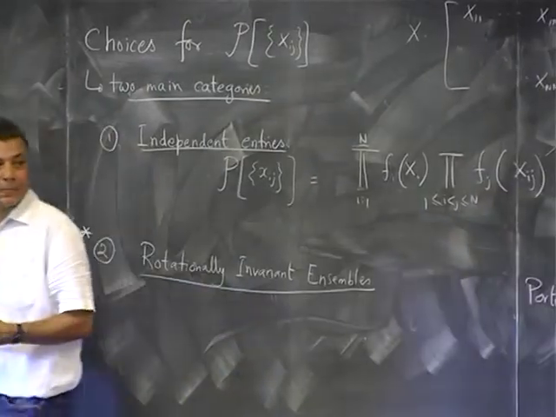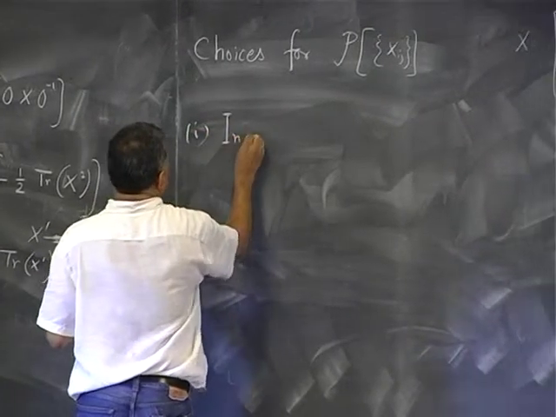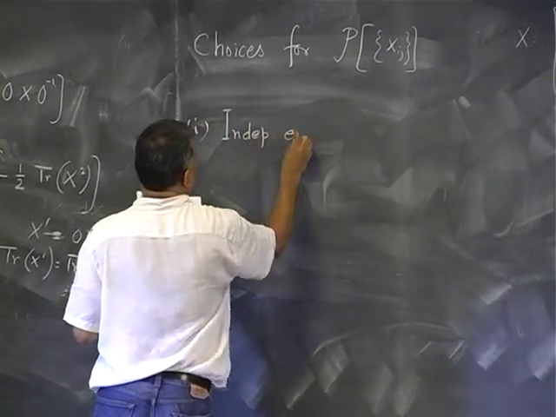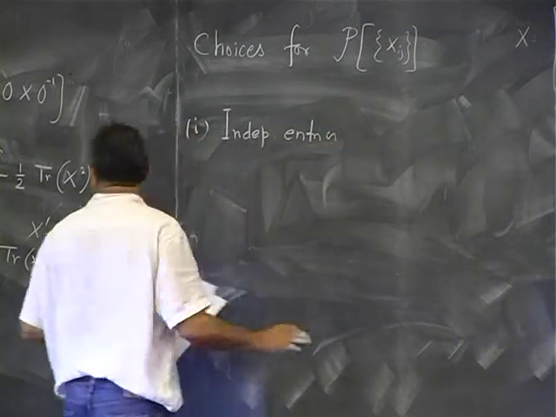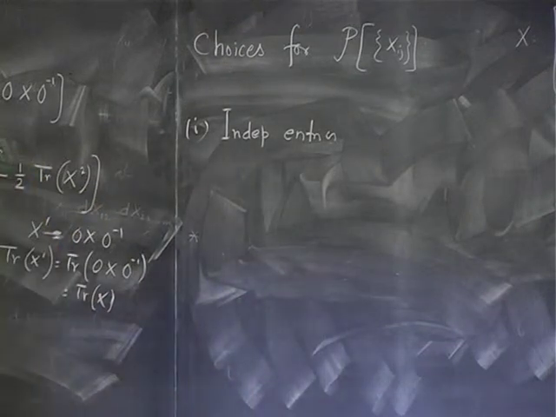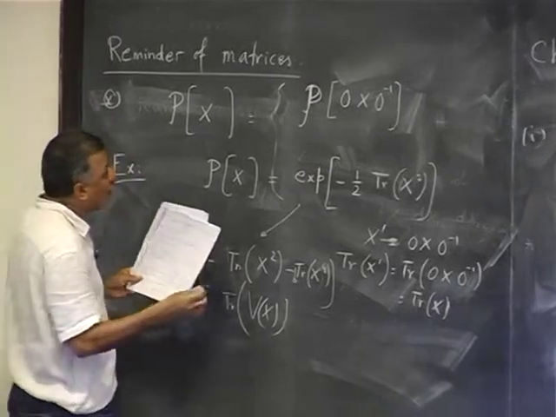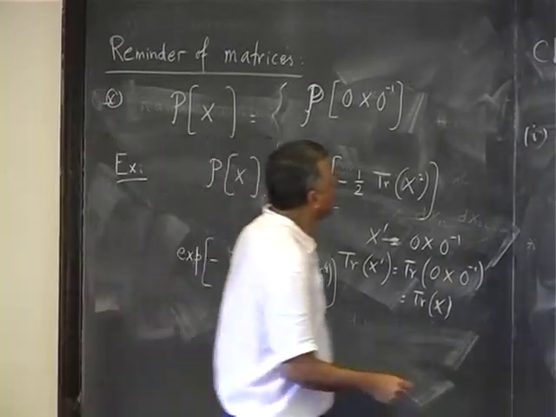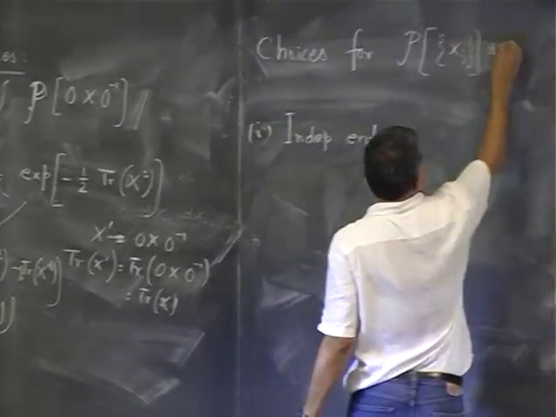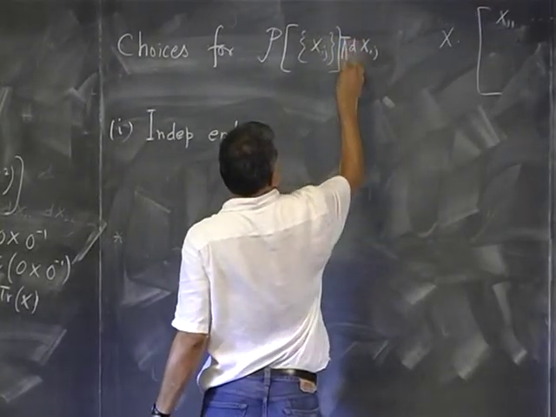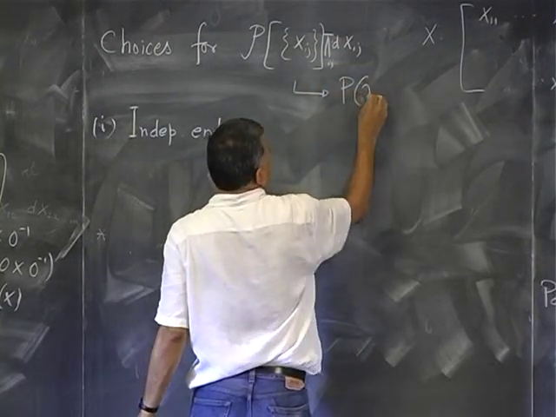So for independent entries, all I said is that once we have made a choice of our matrix entries, we want to go from this, with the dxij, to derive the joint distribution of eigenvalues.